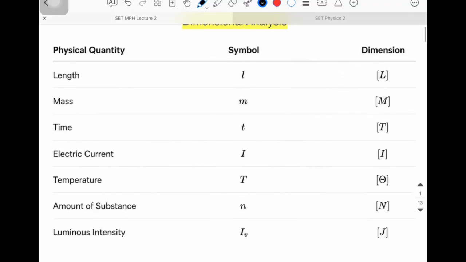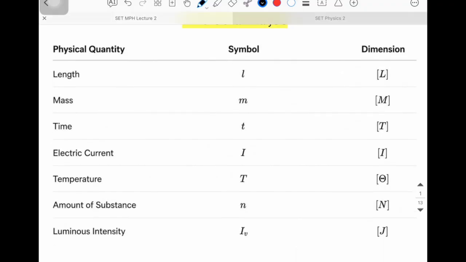According to SI units, there are 7 fundamental physical quantities. All other quantities, like velocity, acceleration, energy, work, electric field, magnetic field, are derived quantities, derived from the fundamental quantities.